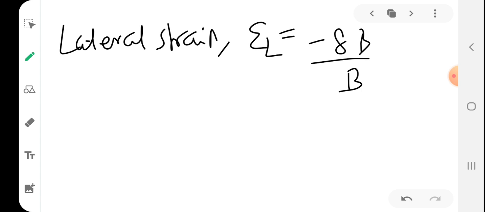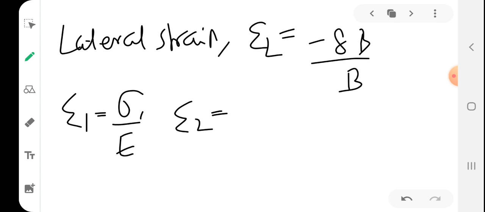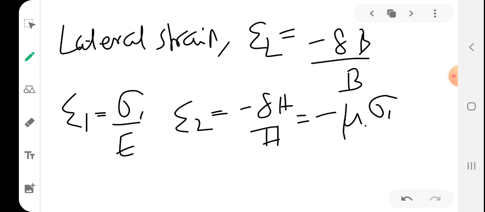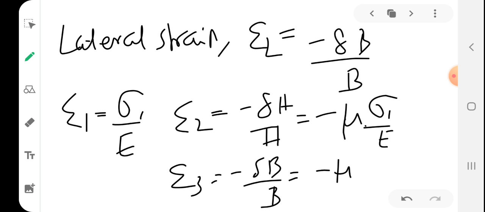So epsilon 1 is sigma 1 by E. Epsilon 2, minus delta H by H, is related to Poisson's ratio and equals minus mu sigma 1 by E, and epsilon 3, minus delta B by B, also equals minus mu sigma 1 by E.